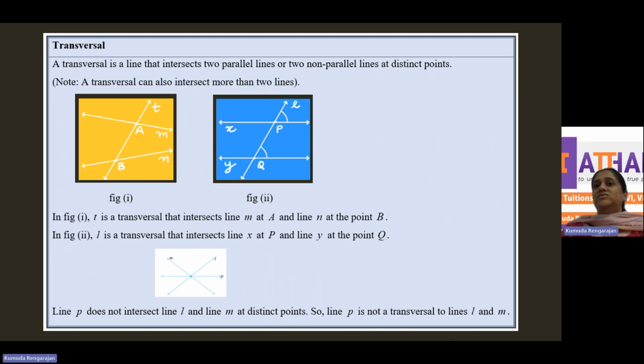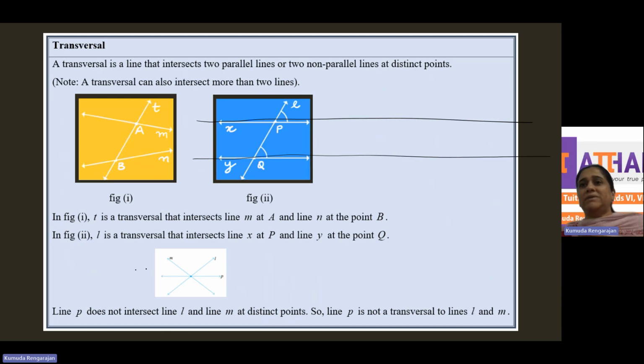On the other side, if you produce, they'll not meet. It's a line, so you can produce it. They'll meet. Parallel lines will not meet. Even if you produce them, they'll go on their own path. They'll not meet.